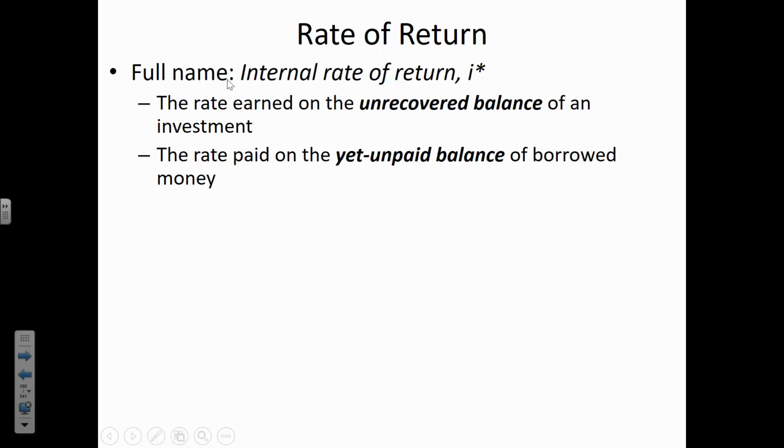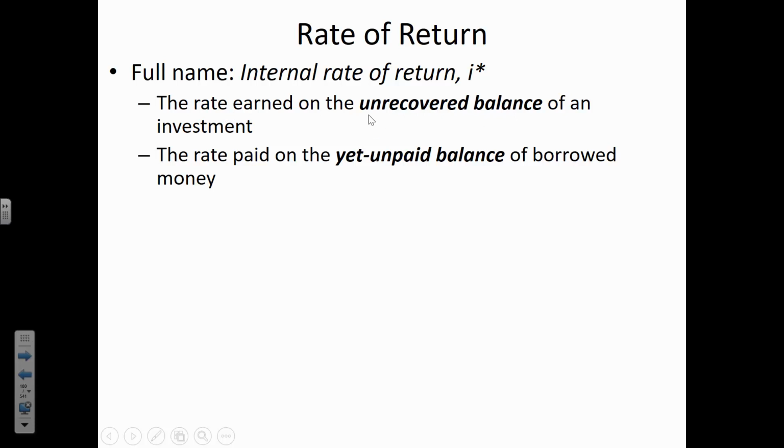So the internal part of it is assuming compounding. So you're assuming that all the revenue that's being generated is itself earning interest at the same rate that it was originally generated. So it's the rate that's being earned on the unrecovered balance.